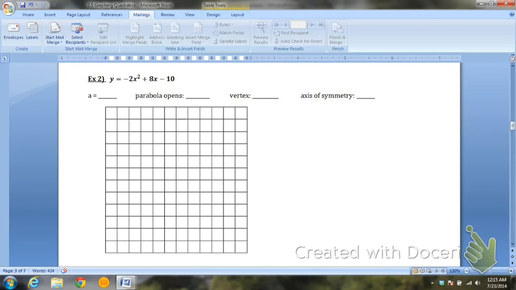Our a here is -2, so we're going to go ahead and put -2 in our blank for a. If a is negative, that means the graph opens down. So our vertex, remember how we find the vertex here? Opposite of b over 2a, right?